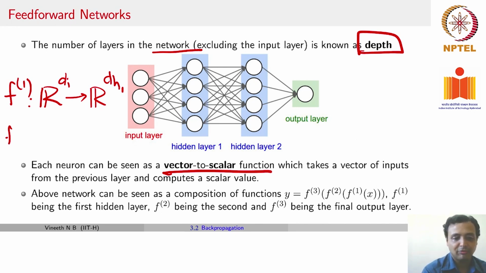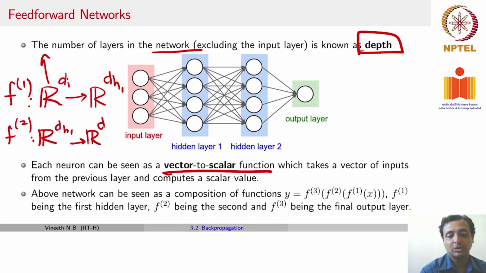Similarly, function f2 is a function that goes from R, where R denotes the set of real numbers, from dimension of h1 to R of dimension of h2. Similarly, f3 goes from R of dimension h2 to R of the dimension of the output layer. So each layer is a function by itself, and the overall neural network can be envisioned as a composition of functions that achieves the purpose you're looking for.